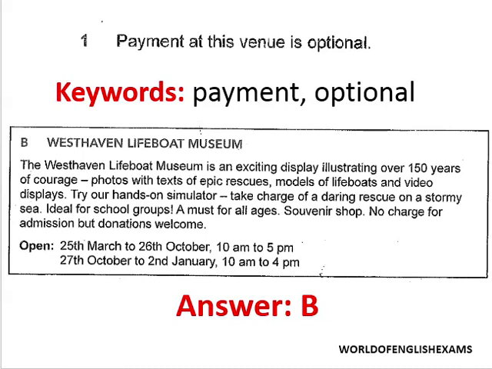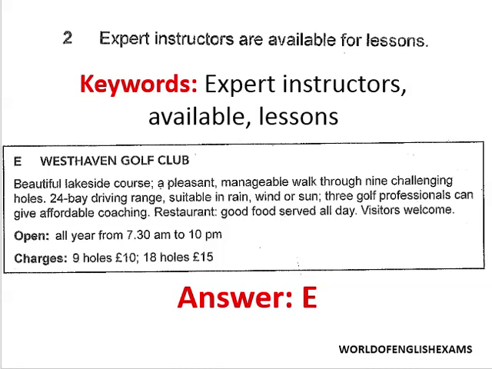So let's proceed now to the second statement. Expert instructors are available for lessons. Clearly, the keywords are expert instructors, available, lessons. So let's see. West Haven Golf Club. Beautiful lakeside course, a pleasant, manageable walk through 9 challenging holes. Did you get anything related to instructors? No. Let's continue. 24 bay driving range, suitable in rain, wind, or sun.